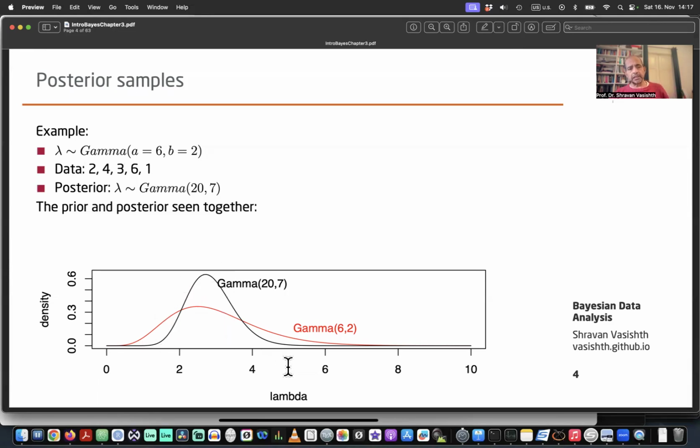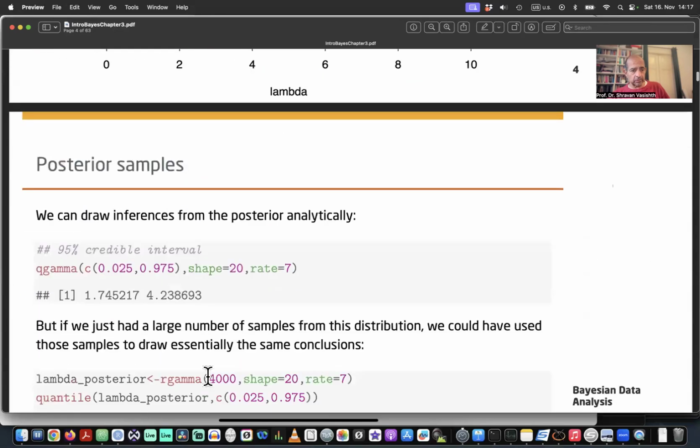These plots are actually based on analytical results. So if I want to know what's the 95% credible interval in this distribution, in the gamma 27 distribution, then I can look it up. I can figure it out using the DPQR family of functions, right? So there's no need to try to do any computational work to work this out.